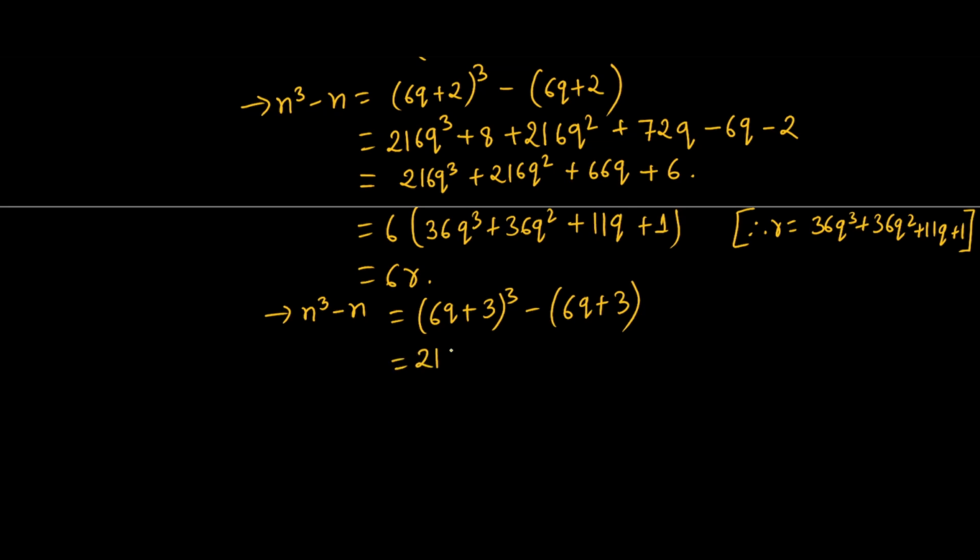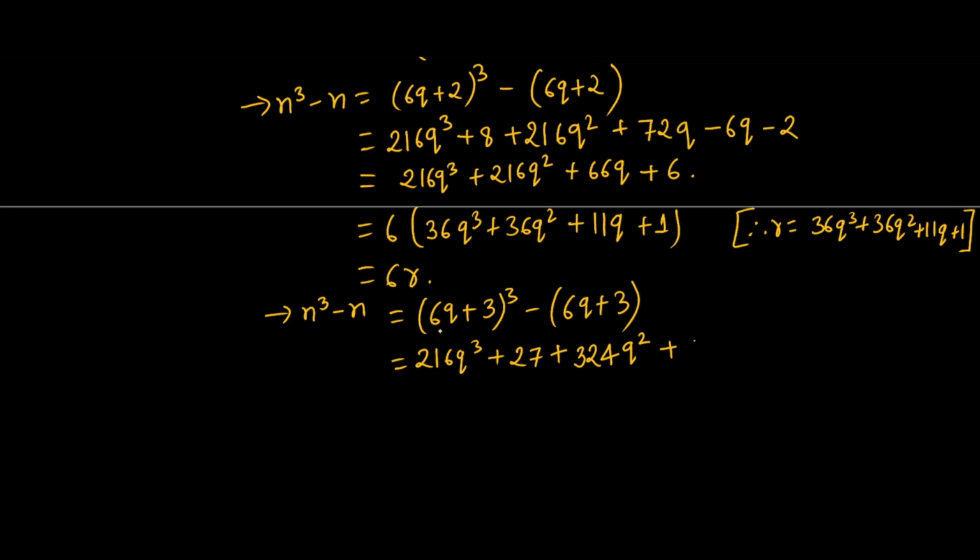So we will get 216 q cube plus 27 plus 6 square is 36 times 3. 36 times 3 is 108. 108 times 3. 8 3s are 24. 2 and 3. 324 q square plus, so we will take 3ab square.